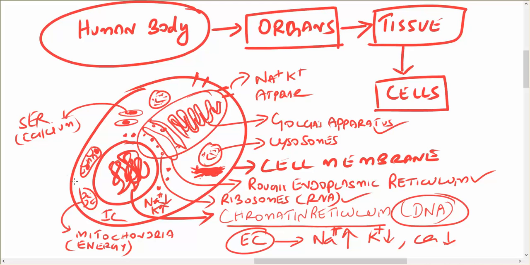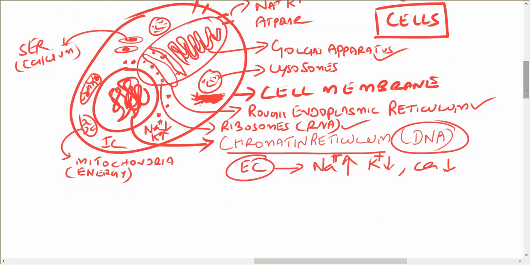Mitochondria, you all know, produce ATP using oxygen. That is called oxidative phosphorylation.